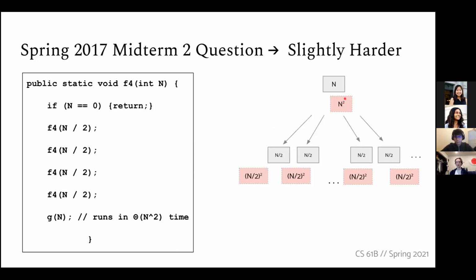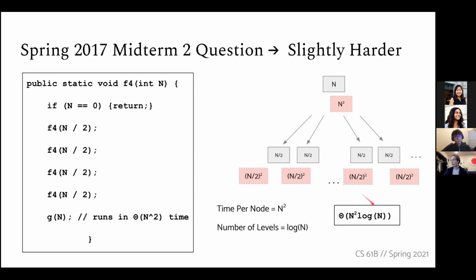And so all that we need to do now is essentially find the number of layers and multiply that by n squared. So we said earlier that the number of layers we have is equal to log base 2 of n. And since each of these layers is doing n squared work, the total amount of work is going to be n squared log n.